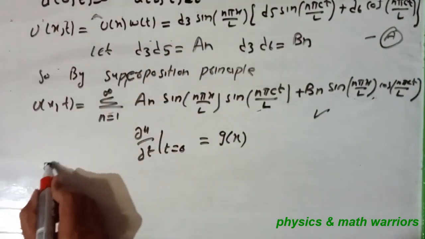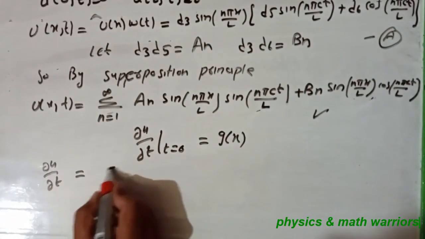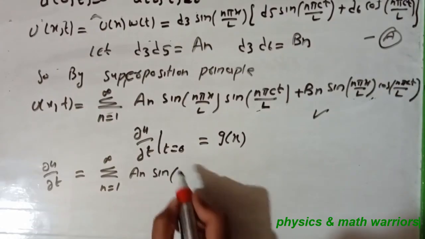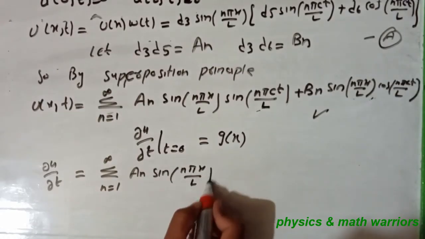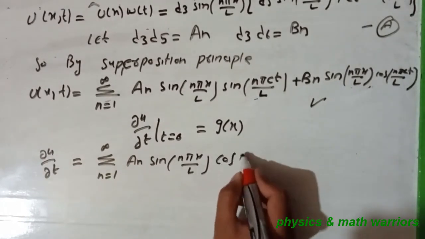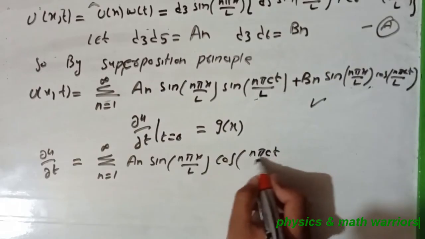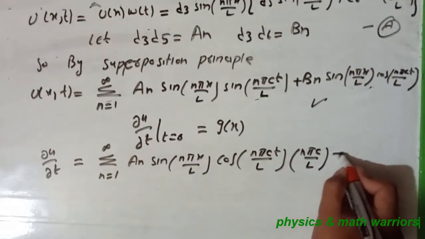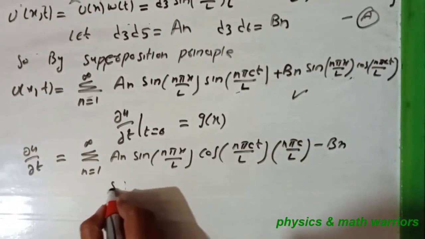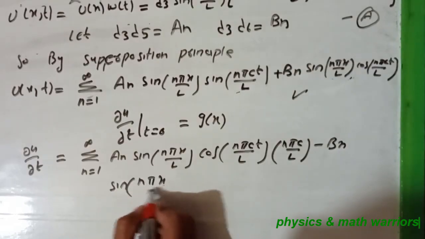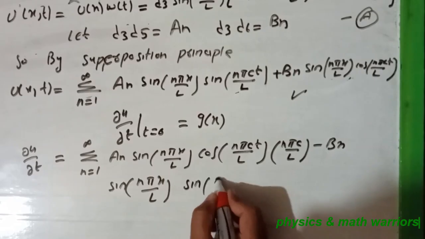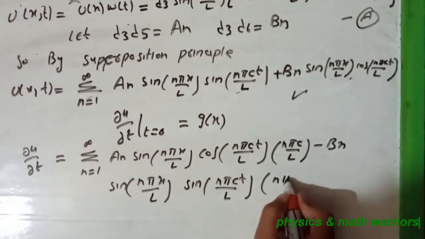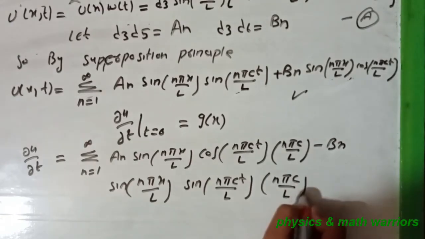So partial u over partial t is equal to the summation from n equals 1 to infinity of an sin(n pi x over L) cos(n pi c t over L) times n pi c over L, minus bn sin(n pi x over L) sin(n pi c t over L) times n pi c over L.